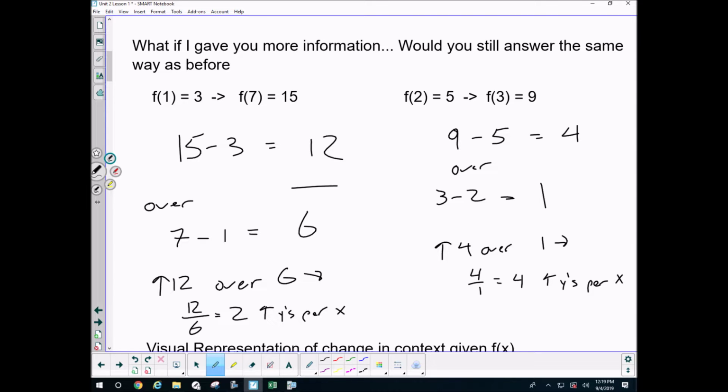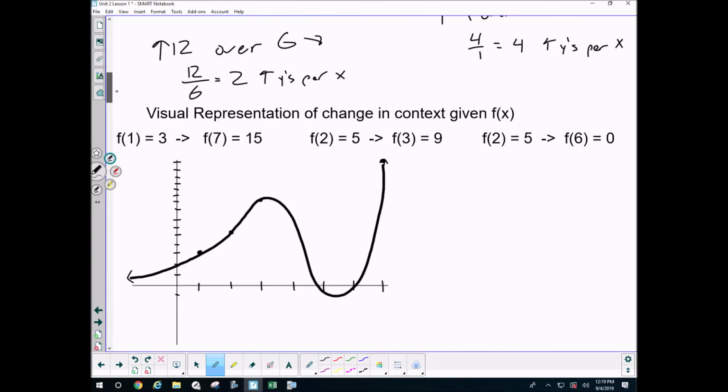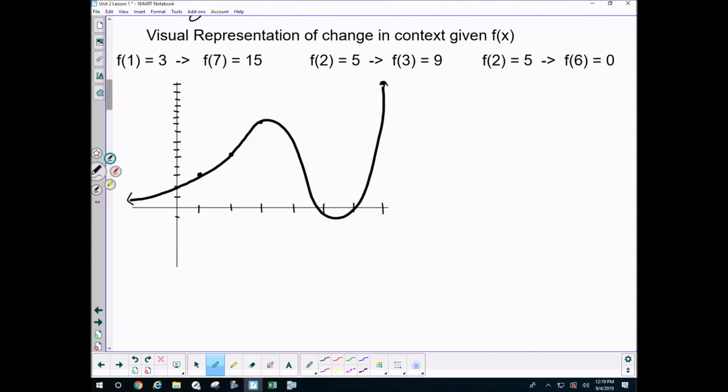This is important. Very important. Visually, to tell how quickly things are changing, we can take our points, connect them with a line, and calculate the slope, rise over run, y2 minus y1 over x2 minus x1.